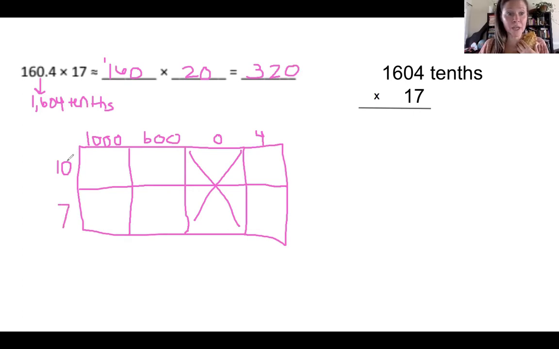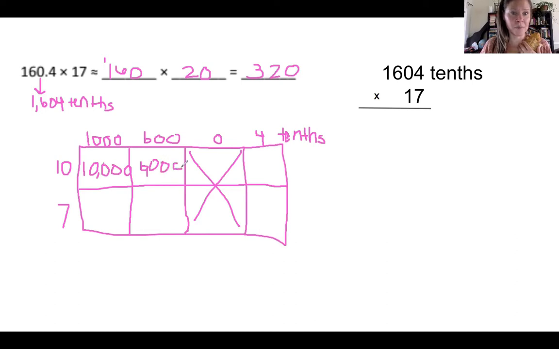So let's go ahead and do our multiplying here. Keeping in mind that all of these up here at the top are tenths, 10 times 1,000 is 10,000. 10 times 600 is 6,000.